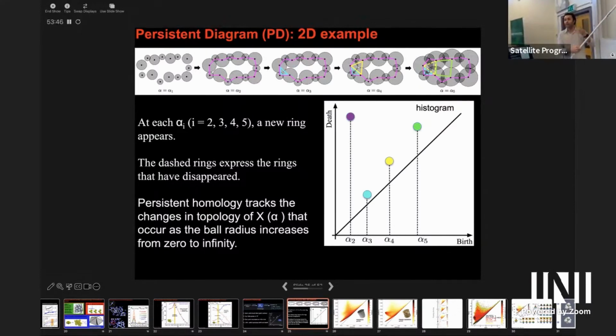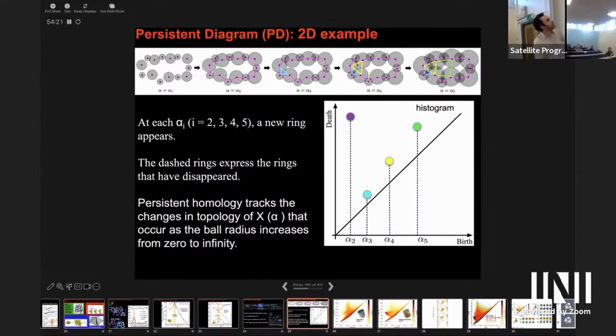So it can really capture any topological feature across the system, right? And then you track and you see that at alpha 3, you form another loop, and at alpha 4, you form another loop, the yellow here, but somewhere between alpha 3 and alpha 4, the turquoise loop disappears. So you record its birth at alpha 3 and its death at a certain alpha between alpha 3 and alpha 4. Okay, and you can basically form any loops or cavities or connected components that are formed in the cell.